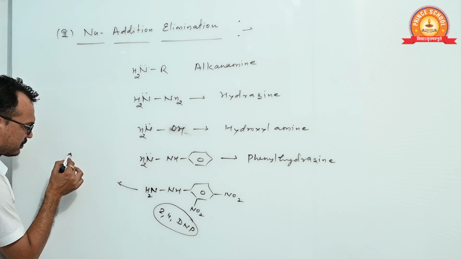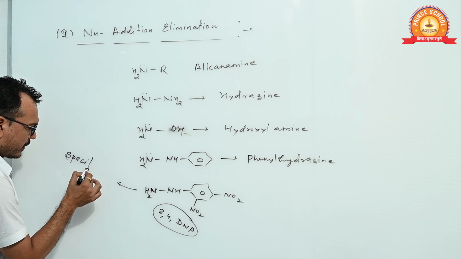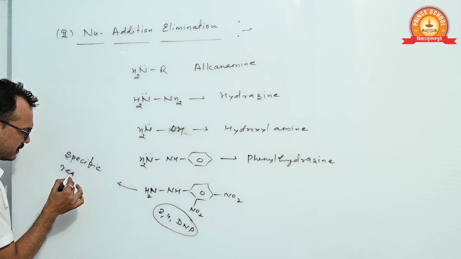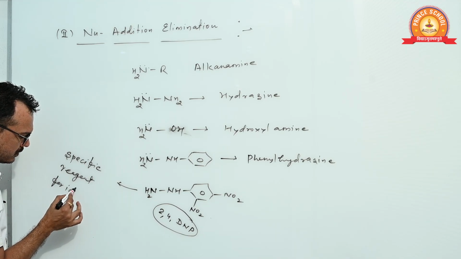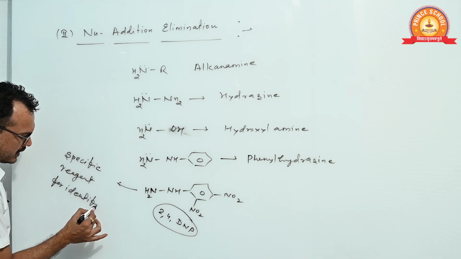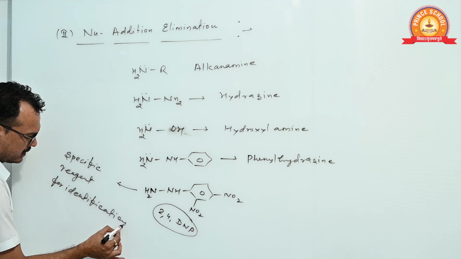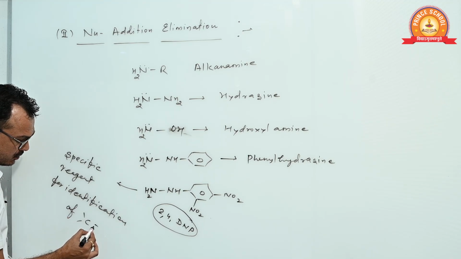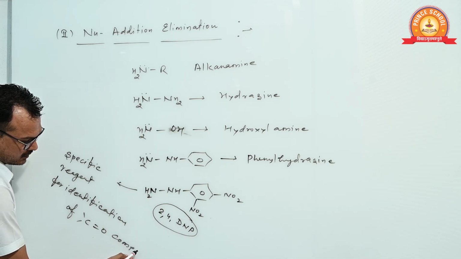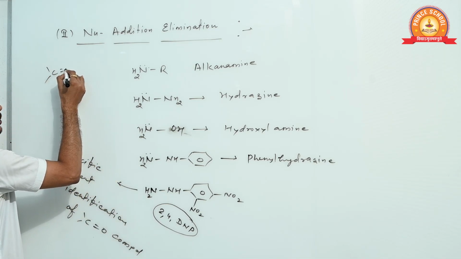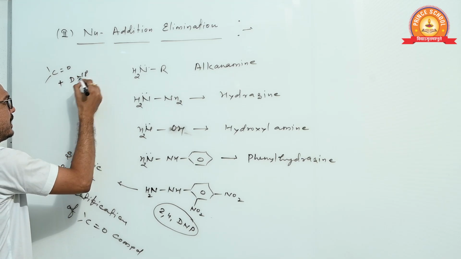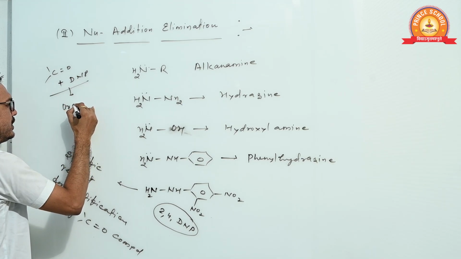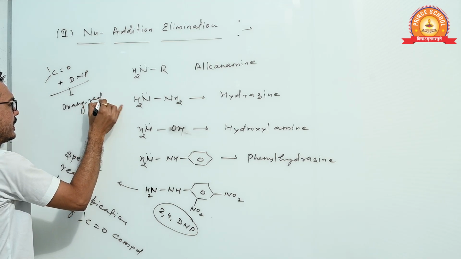It is the specific reagent for identification of carbonyl compounds. Carbonyl compounds may be aldehydes and ketones. When they react with DNP, they give an orange-red color.